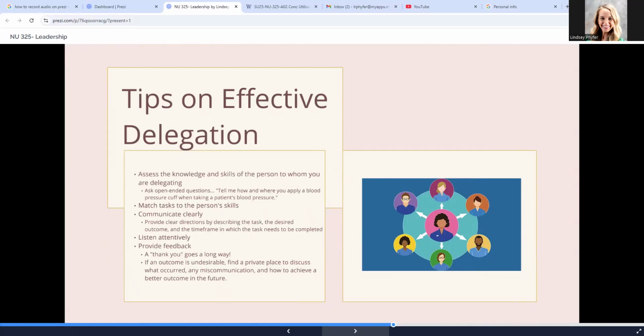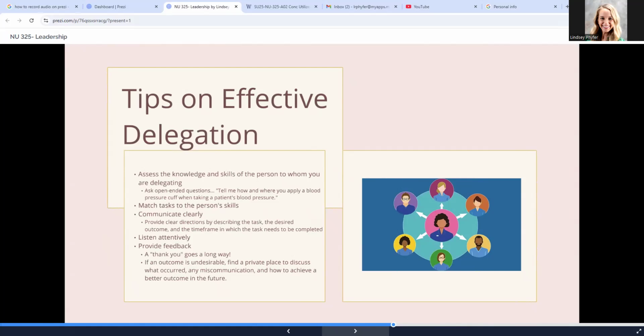So you need to be able to modify your communication style to terms they're going to understand. So it may mean not using big medical terminology, but breaking it down and keeping it simple so that they understand exactly what they need to do.